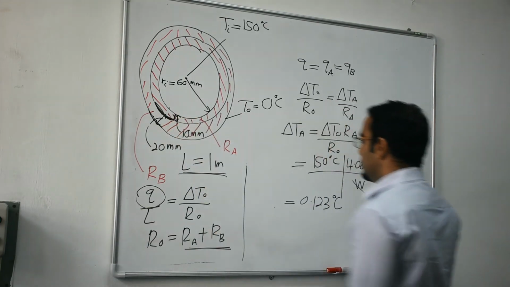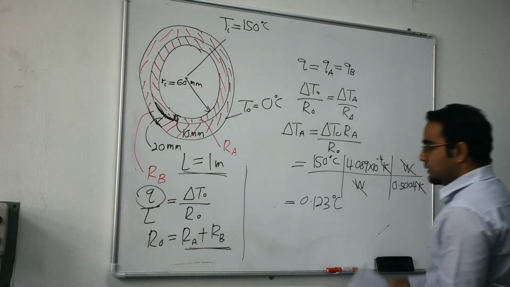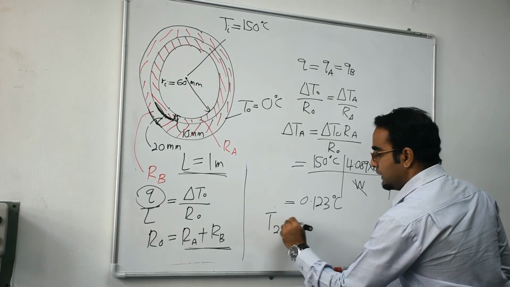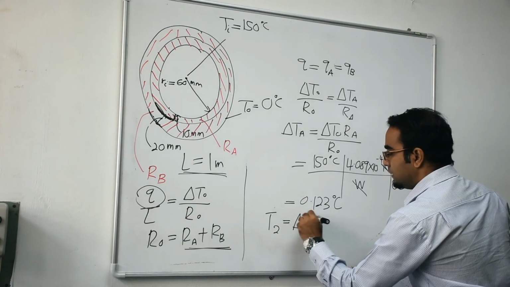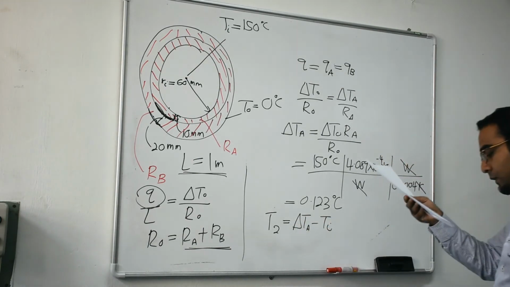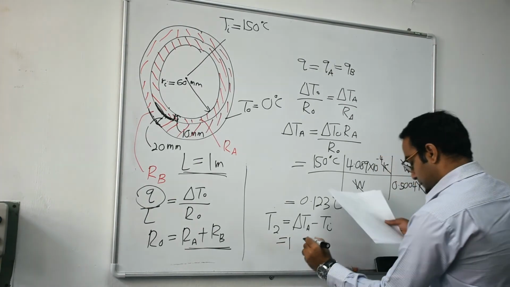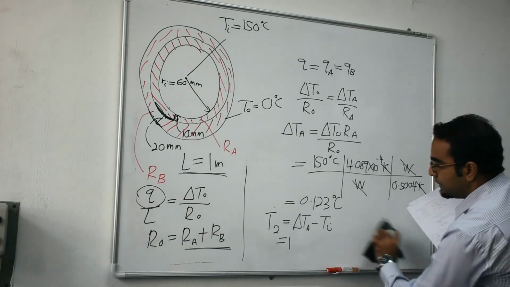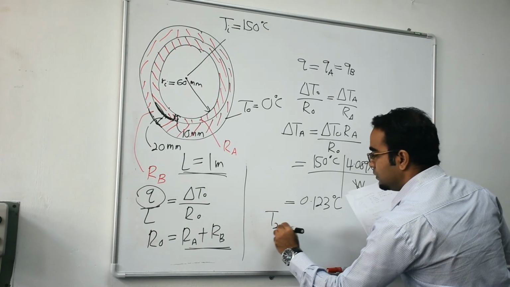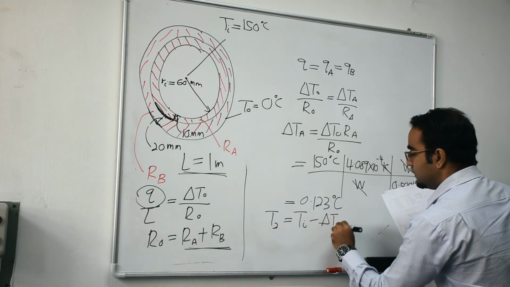So as we defined for our multi-layer wall, delta TA is the temperature, this minus this one. So in order for us, let's say, to get this temperature, let's say T2 is going to be T inside minus delta TA.